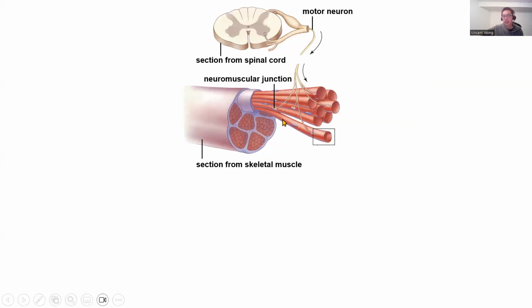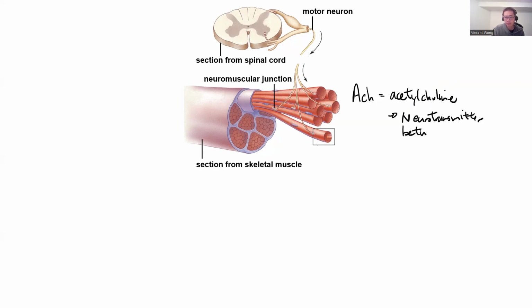The neurotransmitter that is needed for communication between the neuron and the muscle is acetylcholine, ACh. It's the neurotransmitter between neurons and muscle.